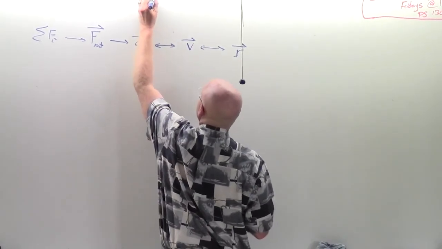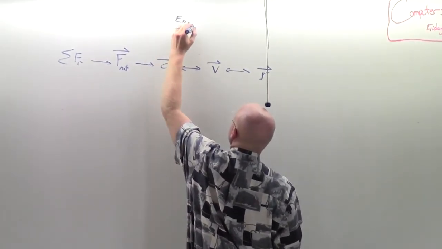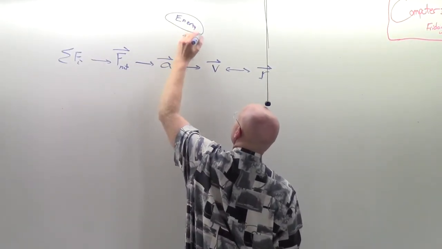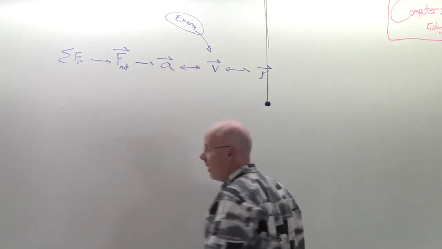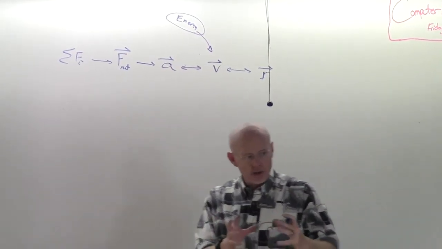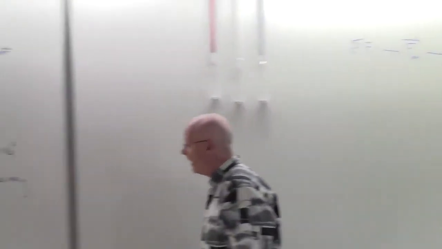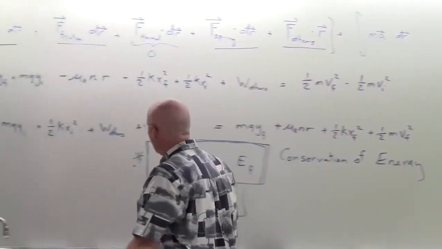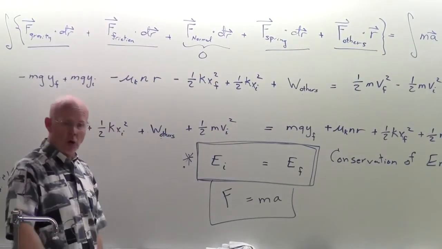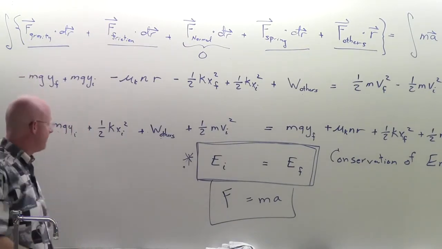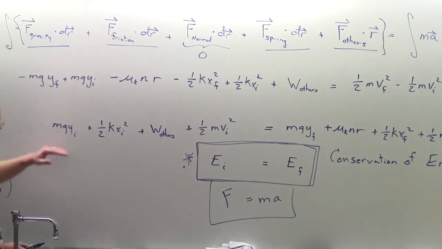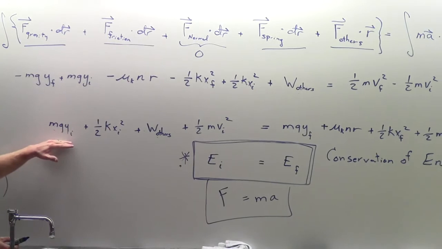But I said there is a second approach, and at times, and this is one case, where it would be a lot easier to do this in terms of energy. So let's come back here. When I hold up this pen to drop it, doesn't it have some gravitational potential energy?